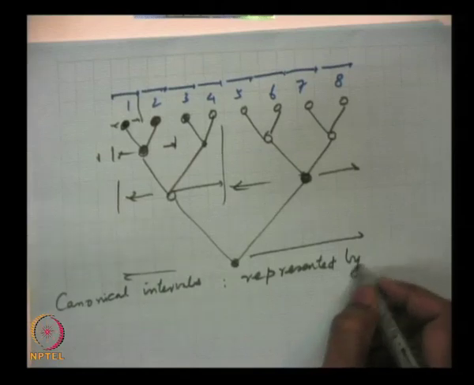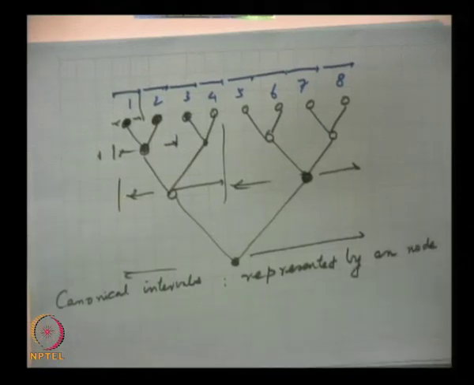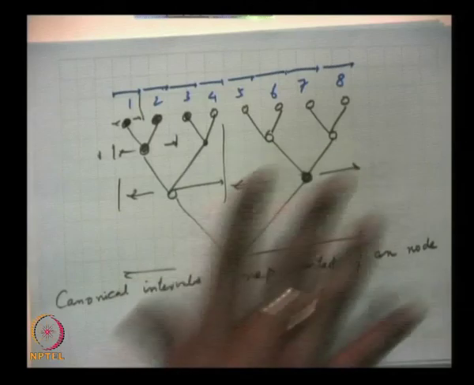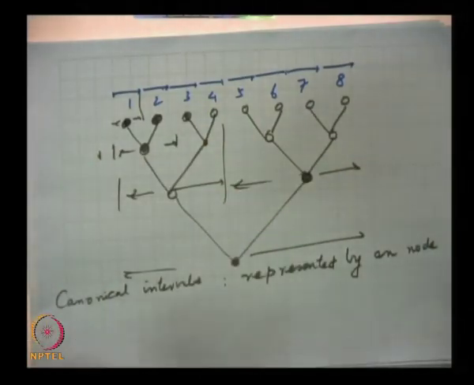So, not leaf nodes, by any node. So, this is a tree which has about 15 nodes, right, 8 plus 7. These 15 nodes represent 15 intervals which I am calling canonical intervals.